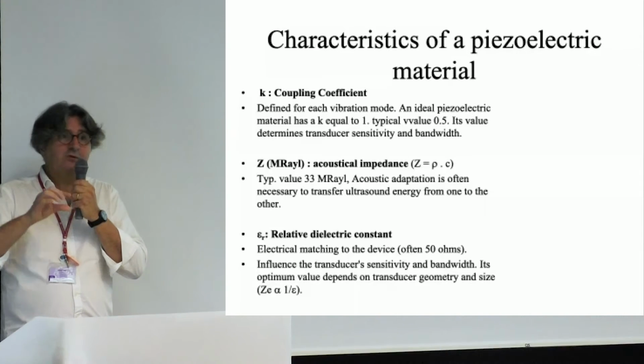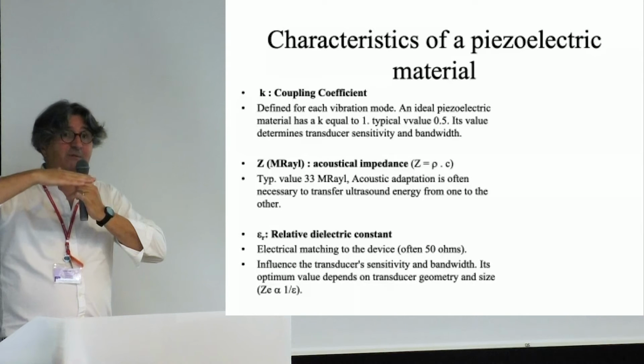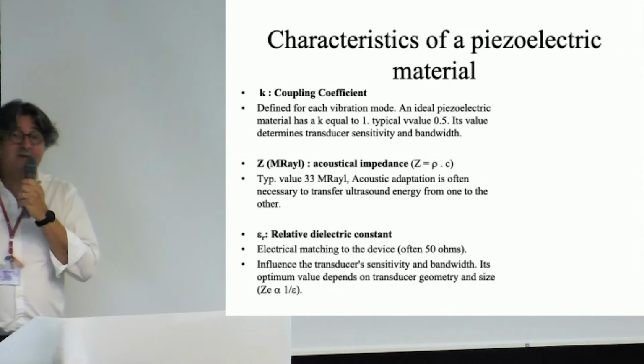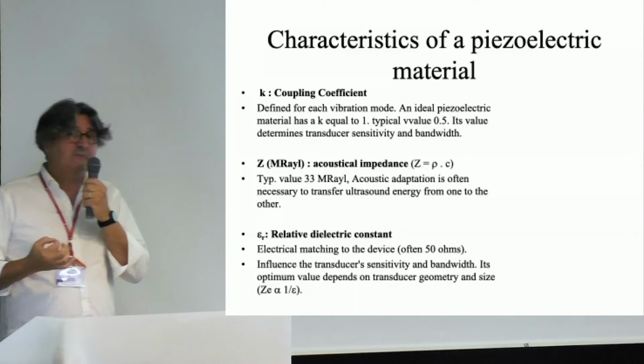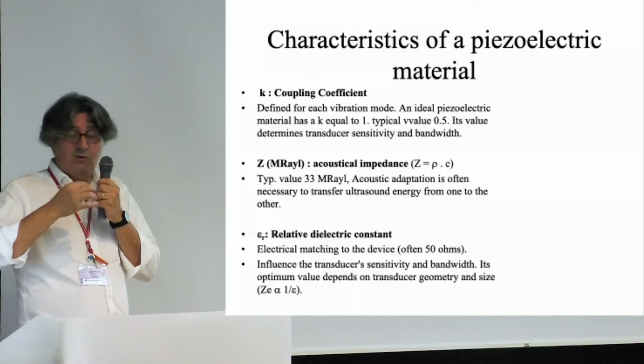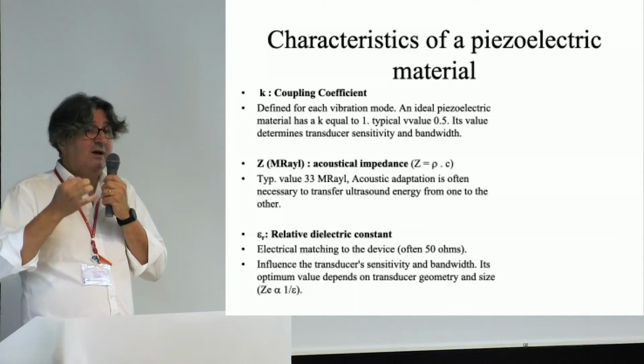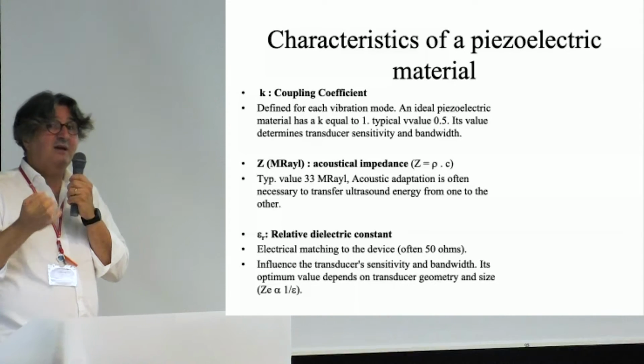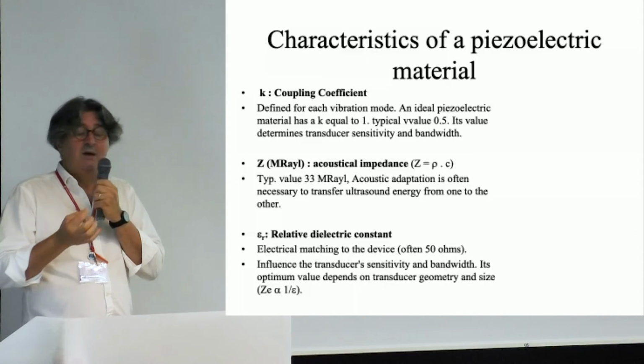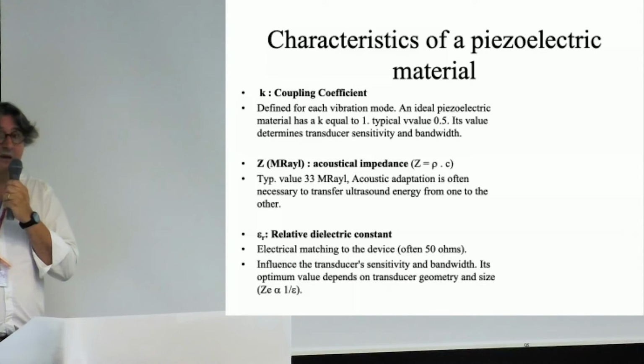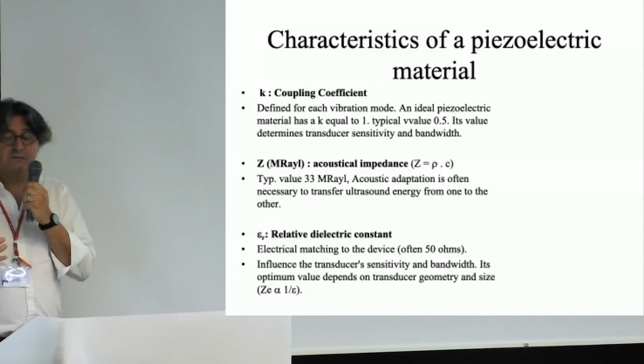If you have a small transducer or a small capacitor or a large capacitor, this will affect the matching to the electrical environment. And this electrical environment is very often 50 ohms.